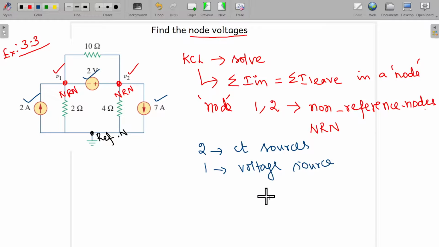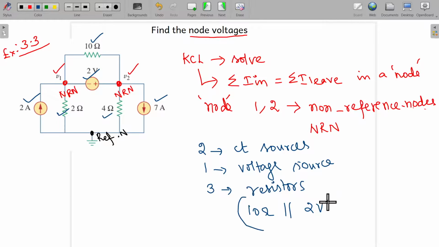Then we have three resistors: this is one resistor, this is another resistor, and this 10 ohm resistance. You can also observe that this 10 ohm resistance is in parallel with this 2 volt voltage source.